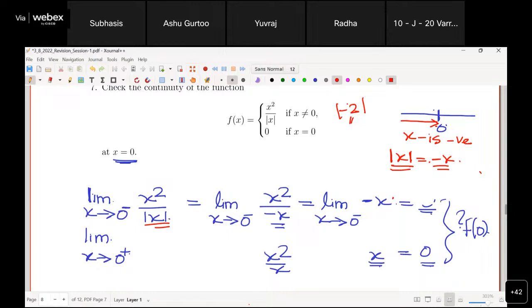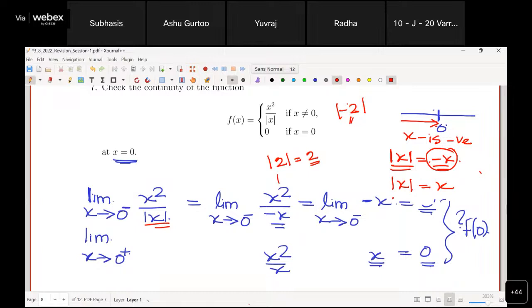So that's why I have divided these two things into two different cases. When x is negative, modulus of x is precisely minus of x, and when x is positive, modulus of x is precisely x. Modulus of 2 is 2. We are simply writing 2 here.